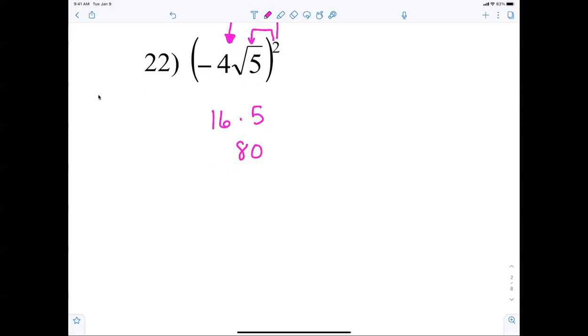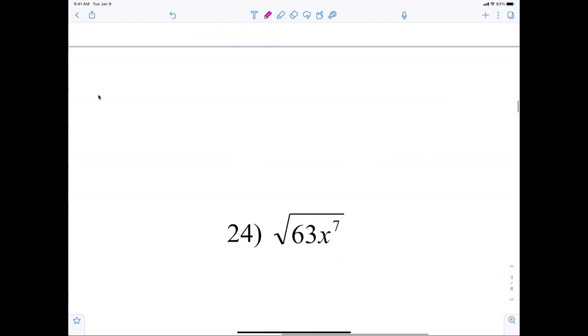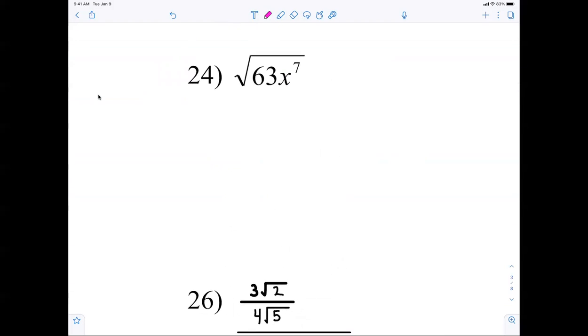Everybody okay with that? All right, here we go. 63, what perfect square is in 63? So we want 9 times 7, and then this is x to the 6th times x. So what's the square root of 9? 3. Square root of x to the 6th is x cubed. And then what's left behind? 7x.